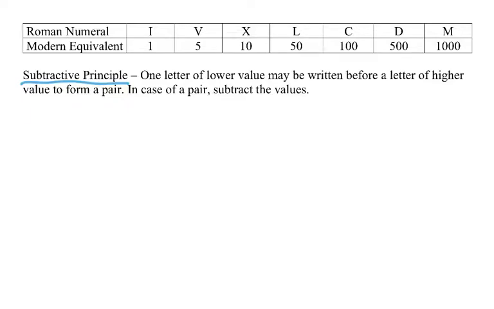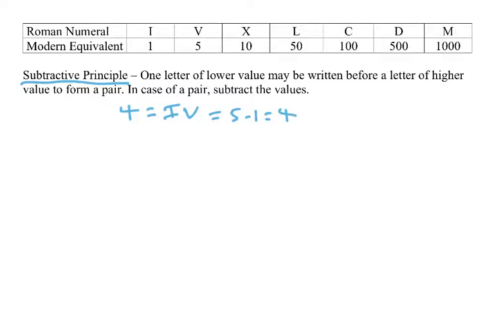So if you want to represent the number 4, for example, the way you do that is you envision that 4 is 1 less than 5, and you put the I in front of the V, forming a pair with the lower number in front of the higher number. That's not generally how that's done, but when you have them in sort of reverse order like that, you subtract. So IV represents 5 minus 1, and that's 4.